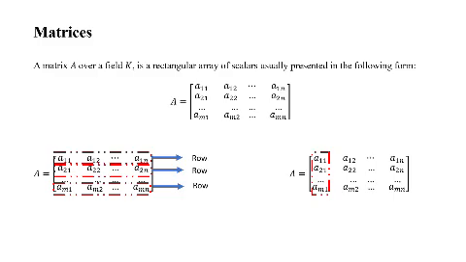Then let's talk about the columns. The columns of A are the n vertical lists of scalars. The first list of scalars will be A11, A21 up till AM1. The second will be A12, A22, AM2, and the nth will be A1n, A2n up till AMn.